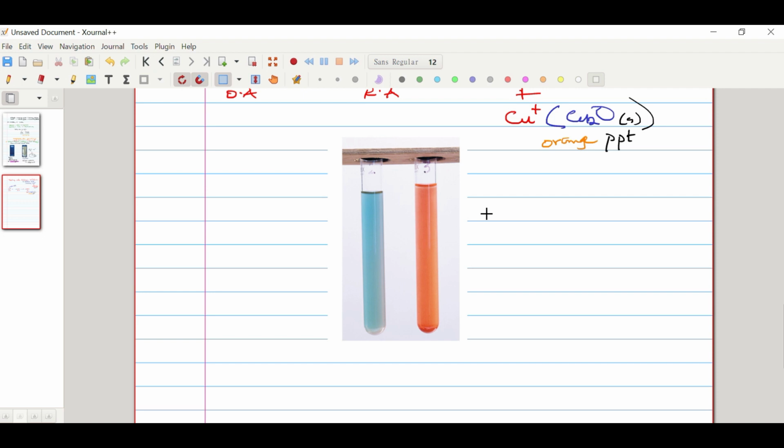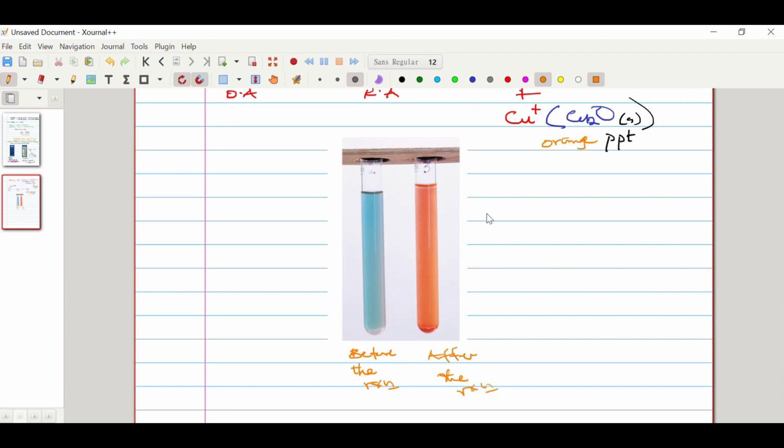So this is before the reaction, and this is after the reaction.